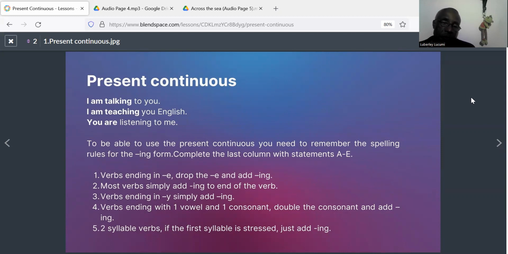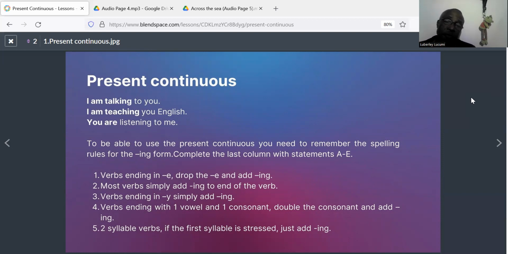The first rule: verbs ending in E, drop the E and add ing. For example, write. Write ends in E, so I have to drop the E and add ing. Base form, write.